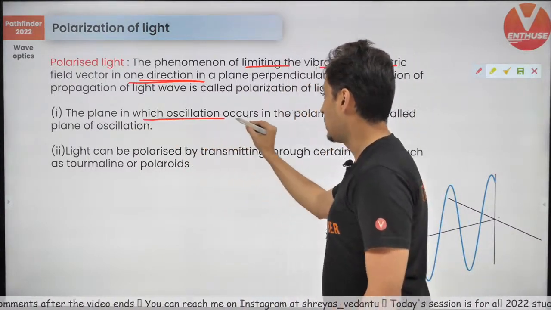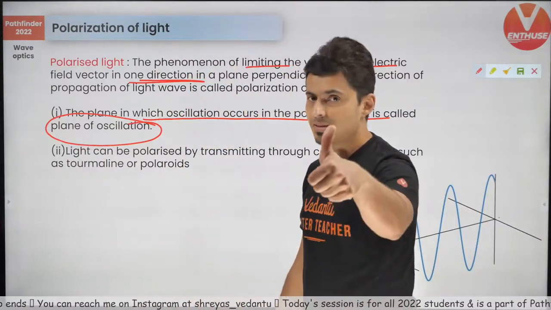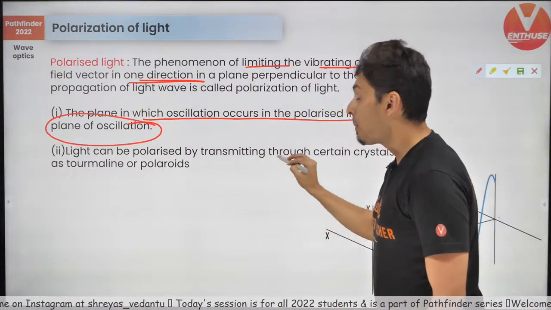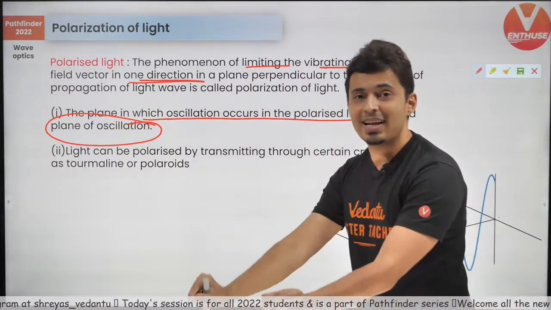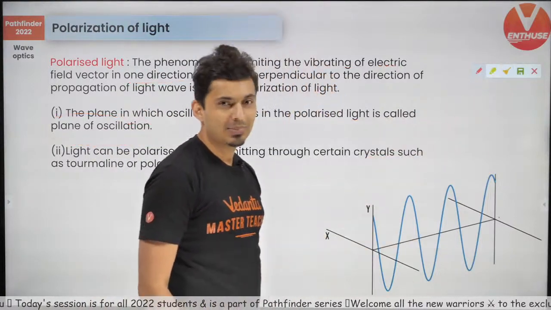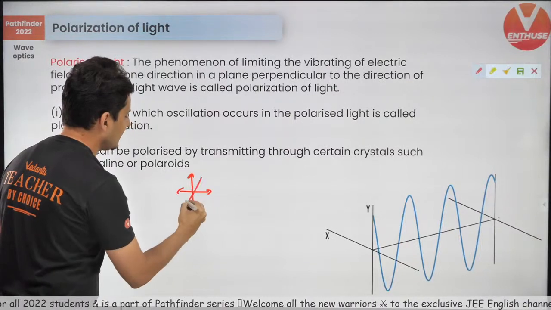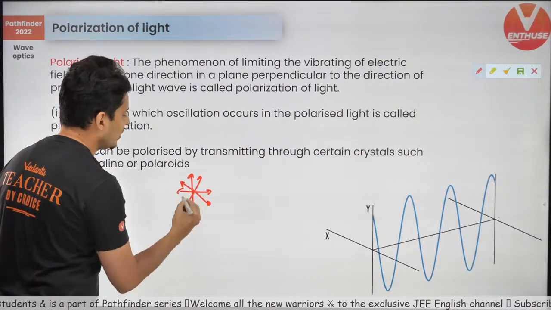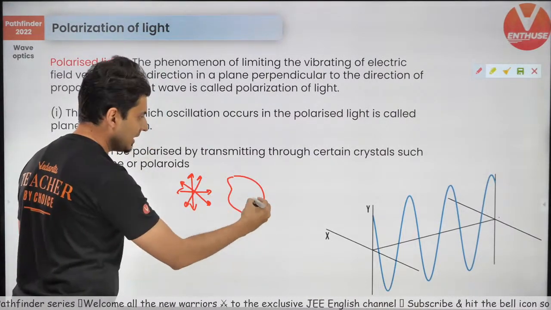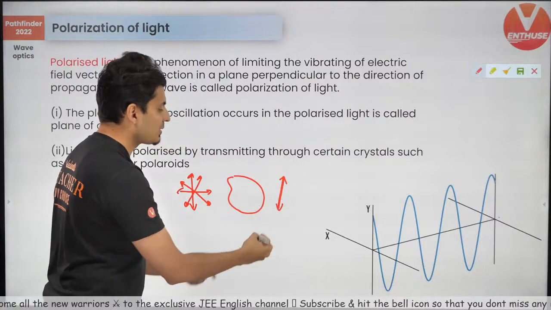The plane in which it oscillates is called the plane of oscillation. That's the second definition you should know. And light can be polarized by making unpolarized light pass through crystals and certain mediums. So if you have unpolarized light, you make it pass through certain crystals or a certain medium, and immediately after that, when it comes out, it becomes polarized.